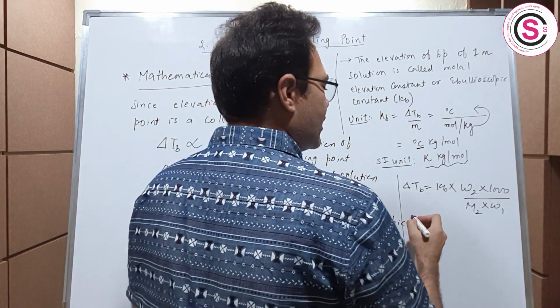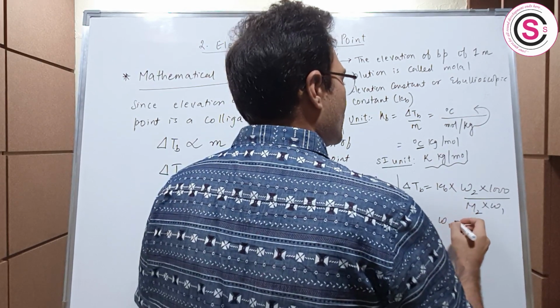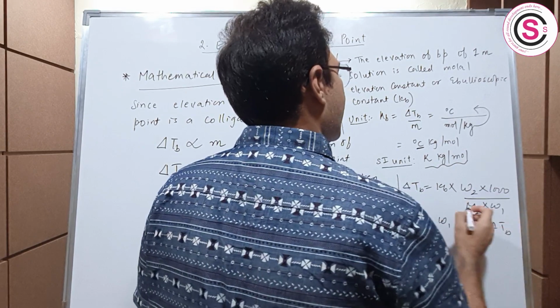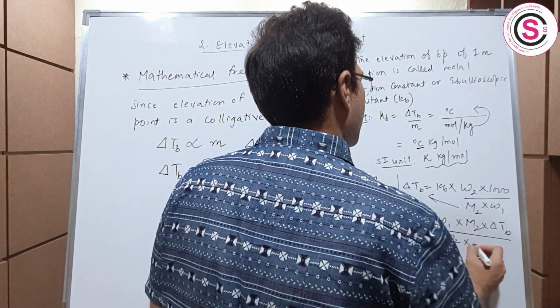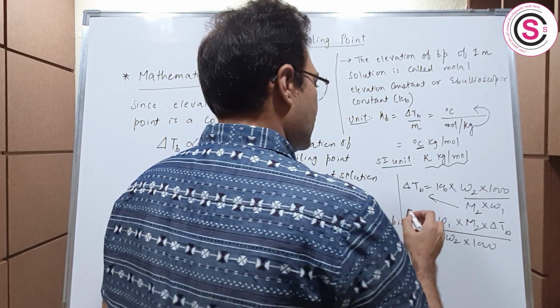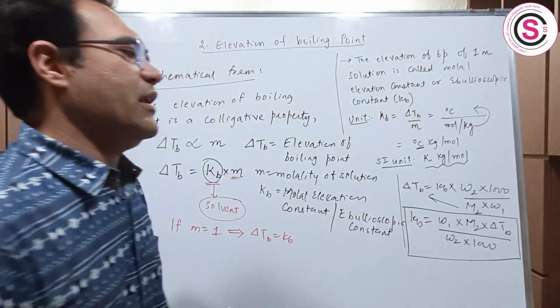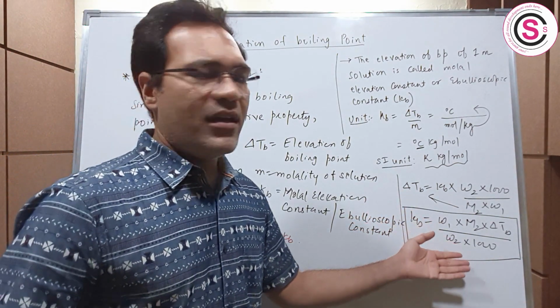So if I make Kb the subject, students, what do I get? I get W1 into M2 into delta Tb, correct? This will go into multiplication, divided by W2 into 1000. This is my equation for Kb. Correct? Symbols have the usual meaning.